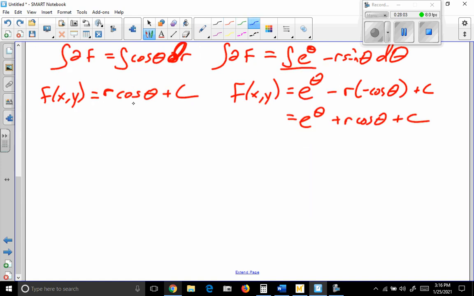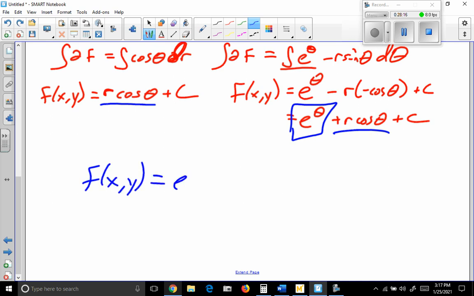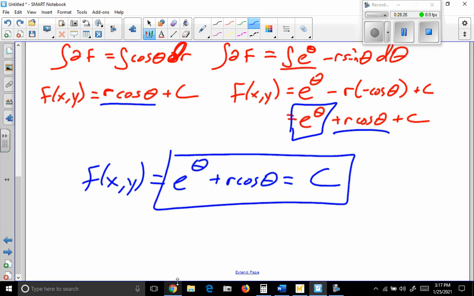So we have some common parts, so we don't have to list those twice. This one has a part that's only listed in this one, so we have to include it. So f of x, y is e to the theta plus r cosine theta plus a constant, or if we solve it for c, equals a constant. And again, we can check that.